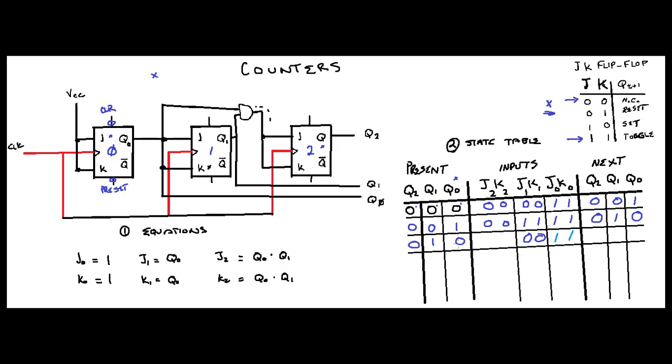Since Q0 is a 0, no change. They're both going to be 0, right? So in this case, Q0 is going to toggle, which is what you would expect. J1, K1, Q1 is going to stay the same, just bring it right on down. Q2, no change, right? So now let's bring this one down, shall we?